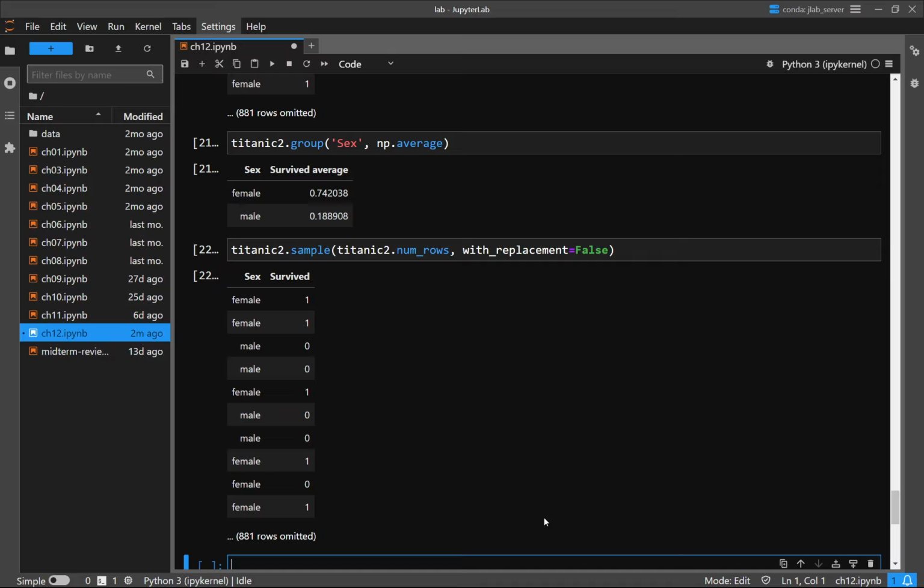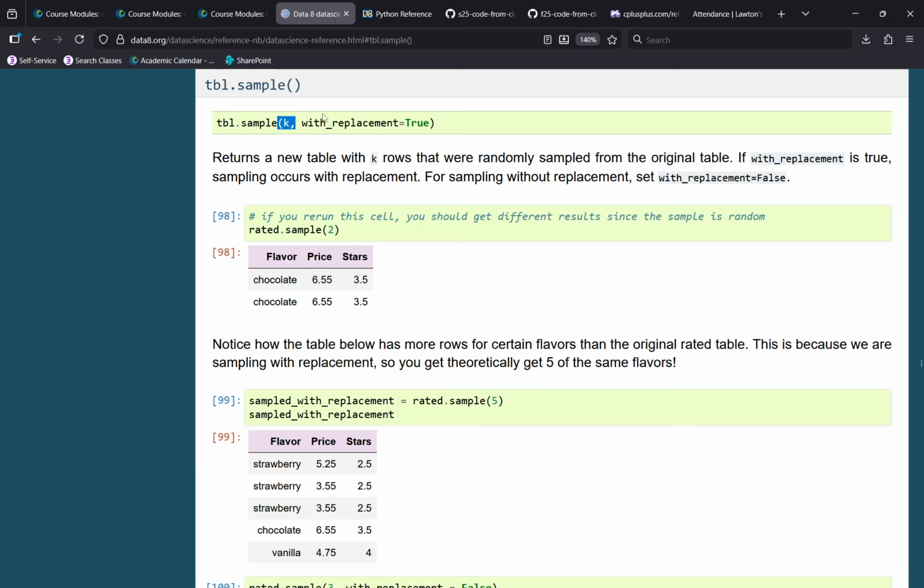And so that's one way to do the shuffling, but you don't have to say .num_rows if you want just as many. I can't remember if I've shown that to you or not, so I'm going to tell you about it again now. That is a table.sample. By default, if you omit this number, the number of things you want to take a sample of, it gives you back just as many as were in the table.